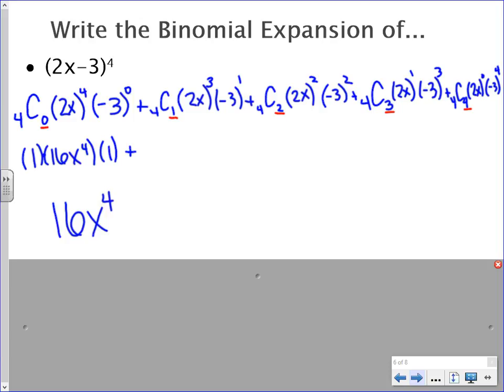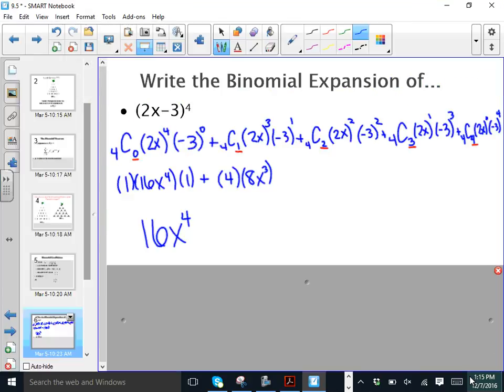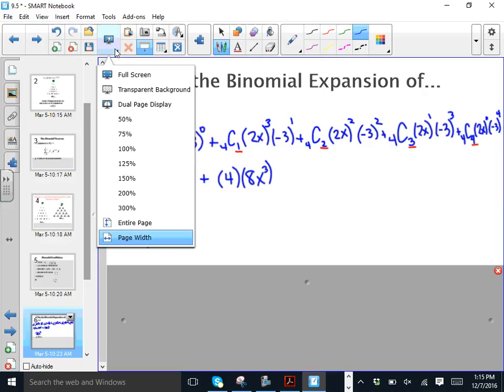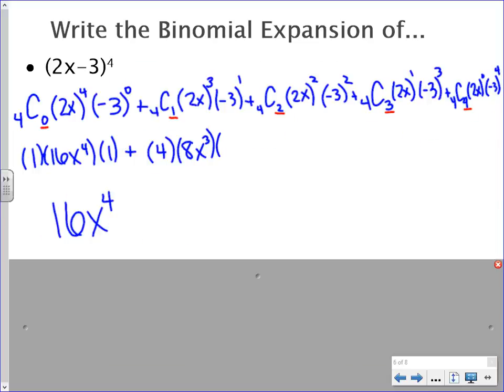Then you can calculate 4 combinations of 1 is 4. 2x cubed, notice how the 2 and the x are being cubed, is 8x cubed. And then -3 to the first is -3. So our second term is -96x cubed.